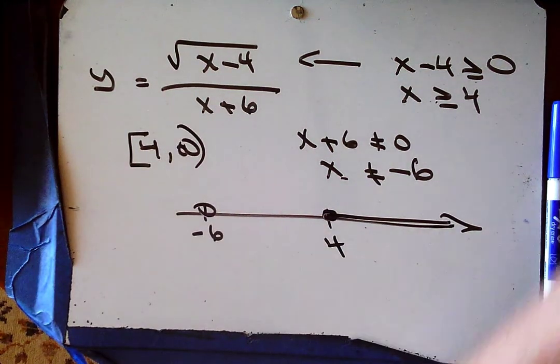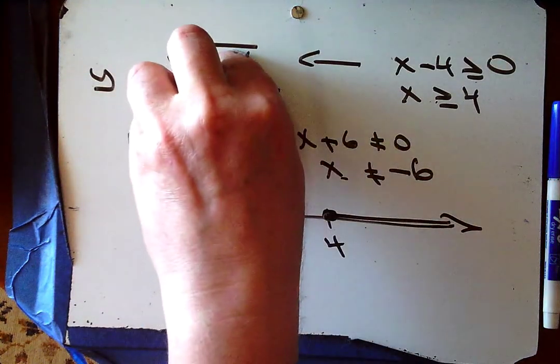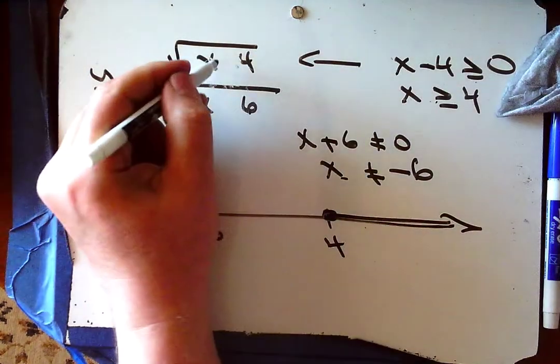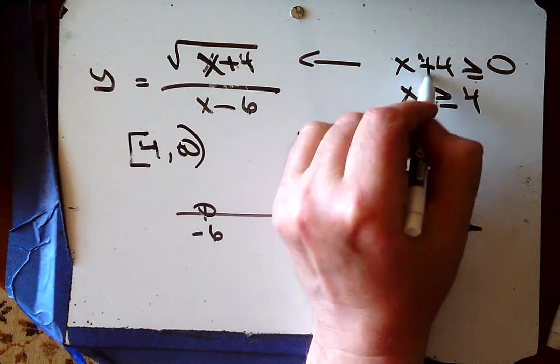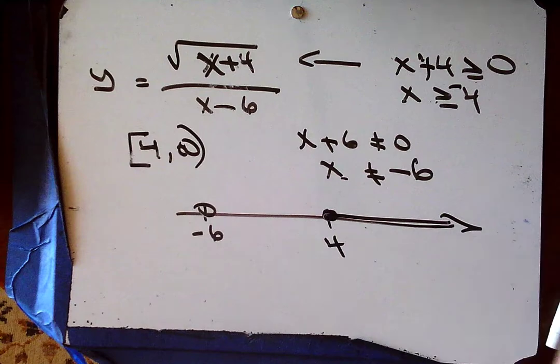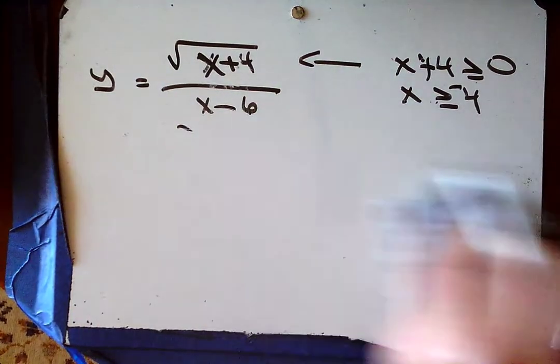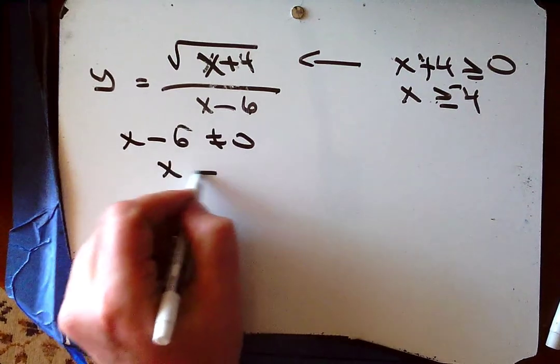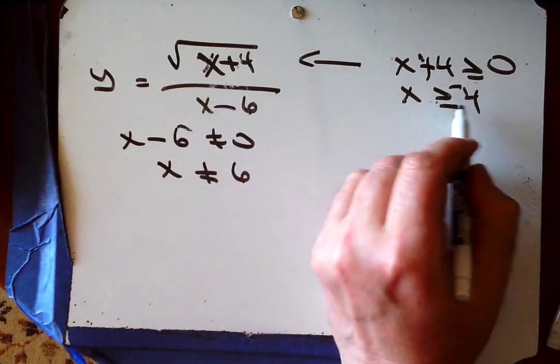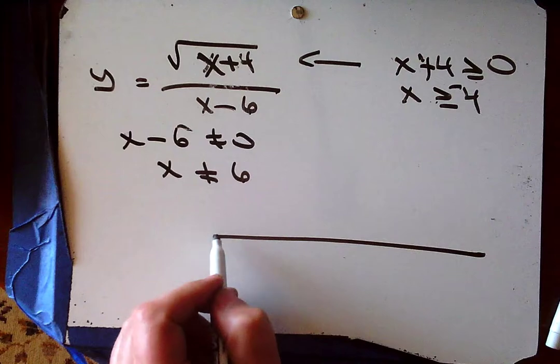Okay, but if I change this problem slightly, and make this be plus 4 here and minus 6 here. So now I get x has to be greater than or equal to negative 4, and x minus 6 can't be 0. So x can't be 6, and x has to be greater than or equal to negative 4.